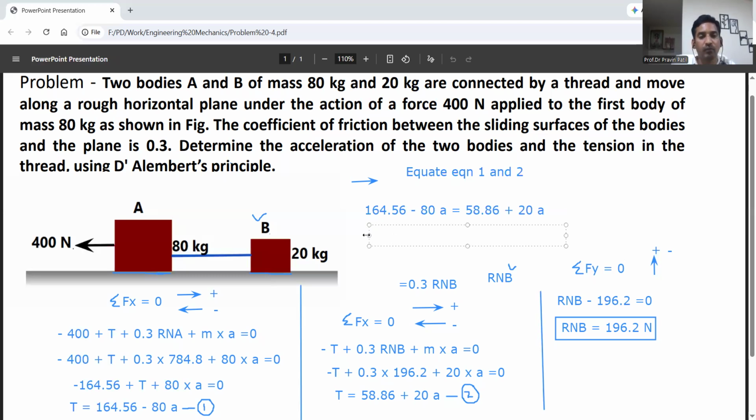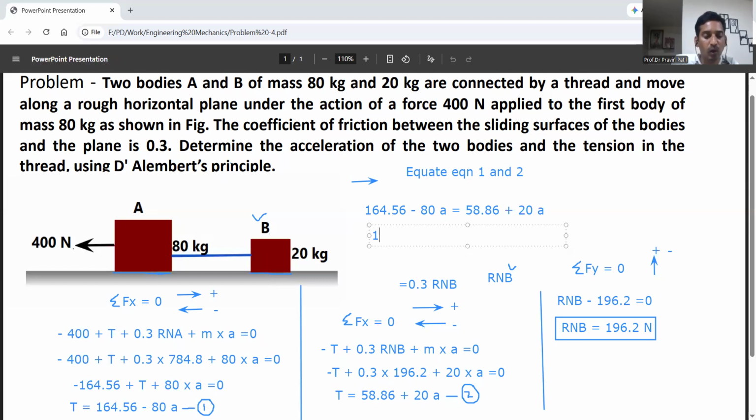First, the terms without a: 164.56 on the left side. Then 58.86 you have to take to the left, so plus becomes minus.